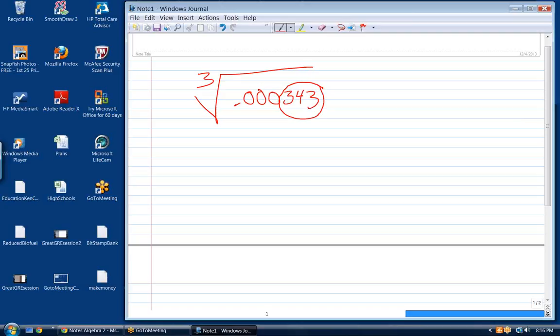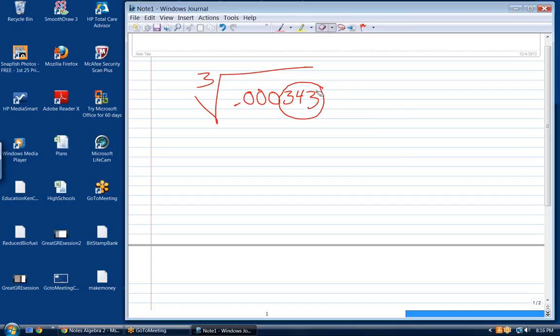If the cube root of 216 was 6, what do you suppose the cube root of 343 is? 7? Okay. Because 7 times 7 is 49, times another 7 is 343. Okay, so we know the answer is 7.